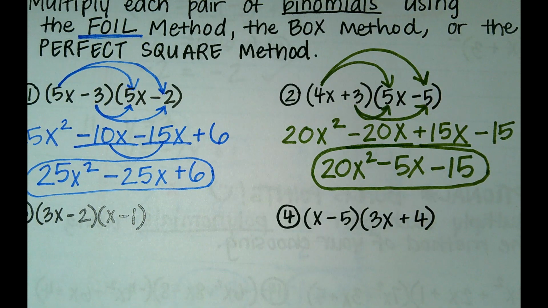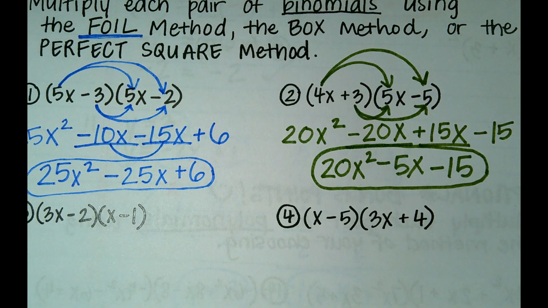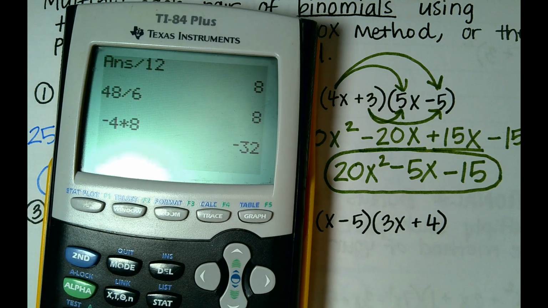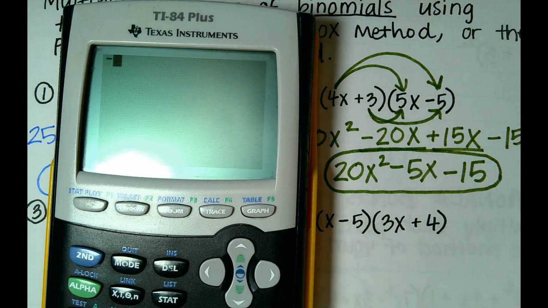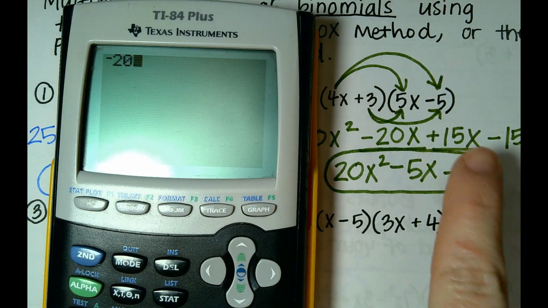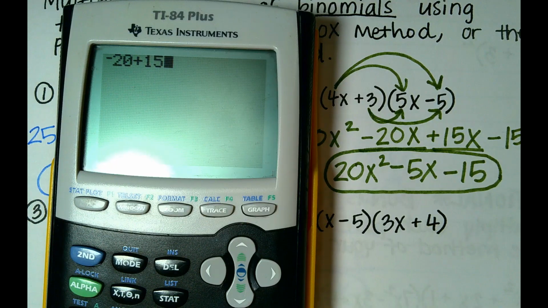We would see that if we jumped up 15 dots, we'll land on negative 5 up there. Okay, and you can also use your calculators anytime to double check answers. If I wanted to, I could type in negative 20 plus 15, and I'll get negative 5.